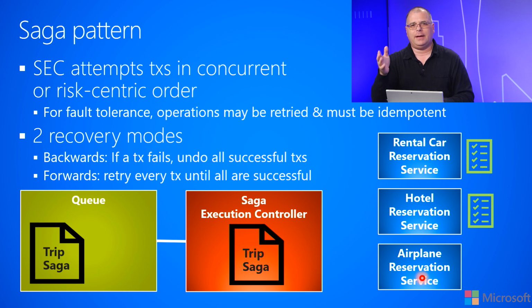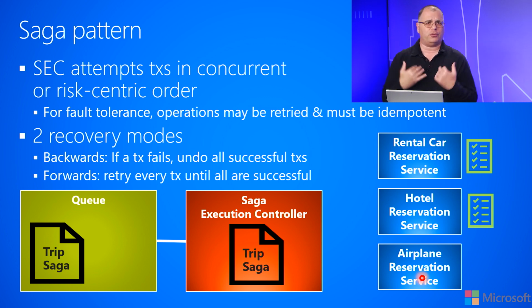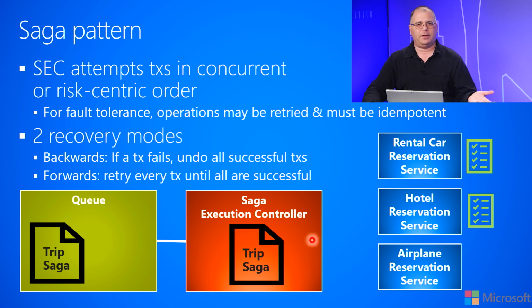It goes back and it still says undo it. And then, of course, it should be idempotent. So the airplane reservation system should say, well, you're trying to undo something that I never actually did. Well, that's success. And so the airplane reservation service responds back to the execution controller saying you were successful at unreserving this because logically the reservation does not exist.